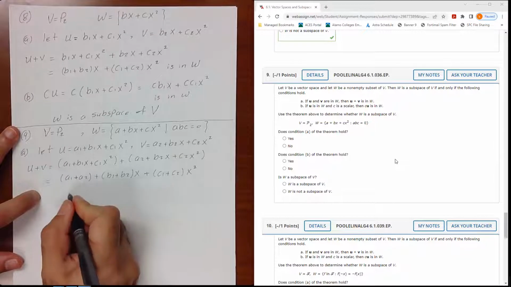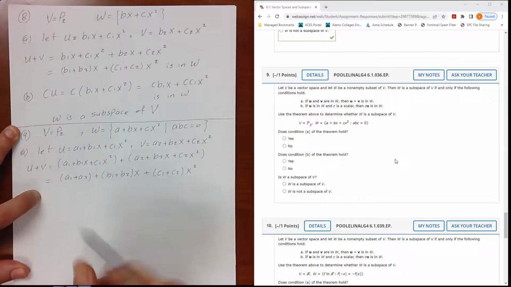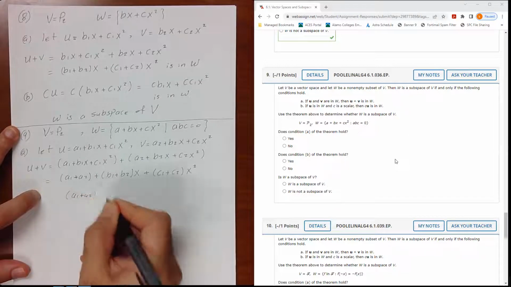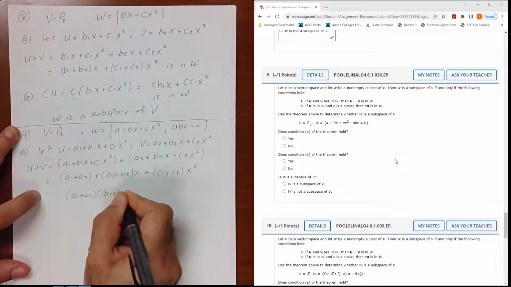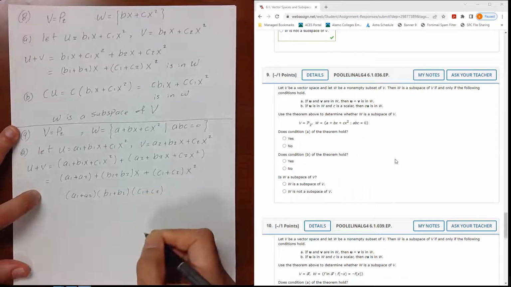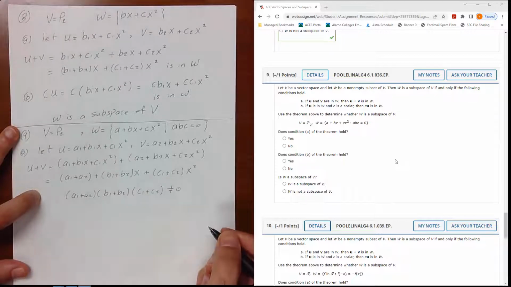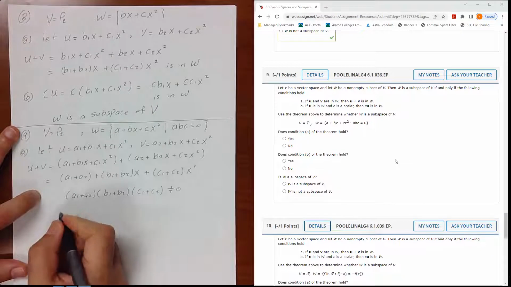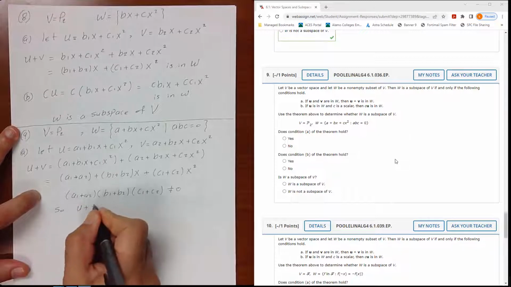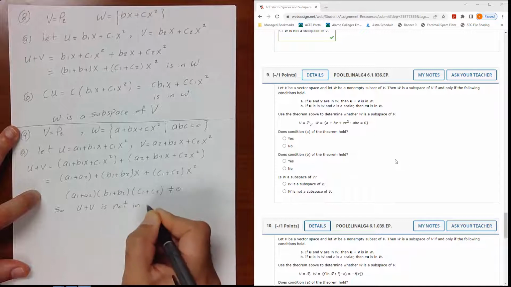So (A1 plus A2) times (B1 plus B2) times (C1 plus C2) is not equal to 0. So in this case, U plus V is not in W.